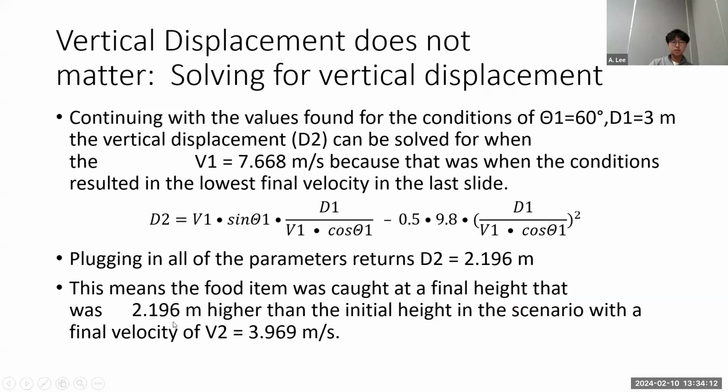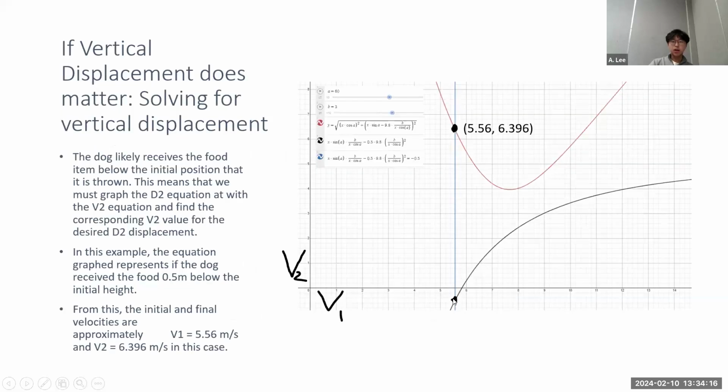Then we could find the initial velocity and final velocity at a single vertical displacement point.